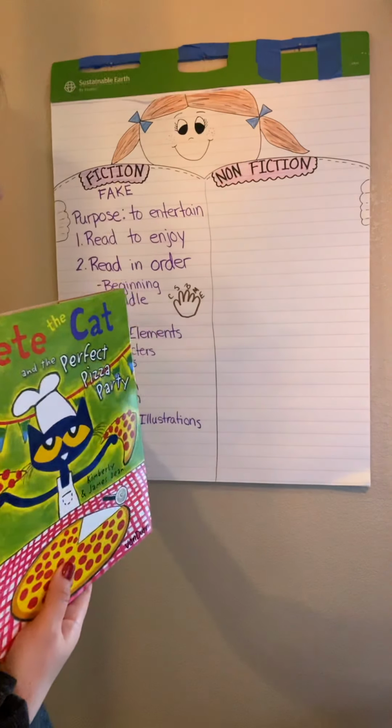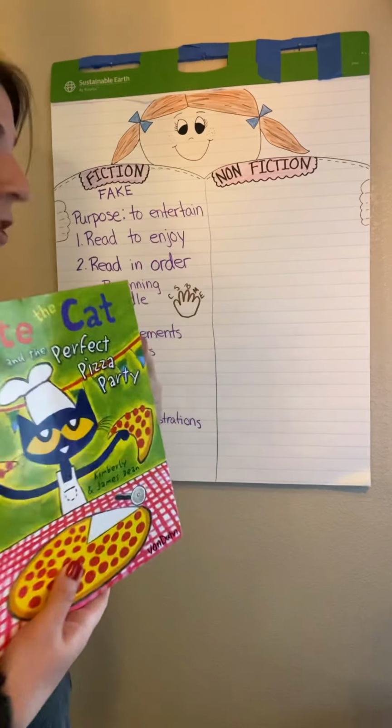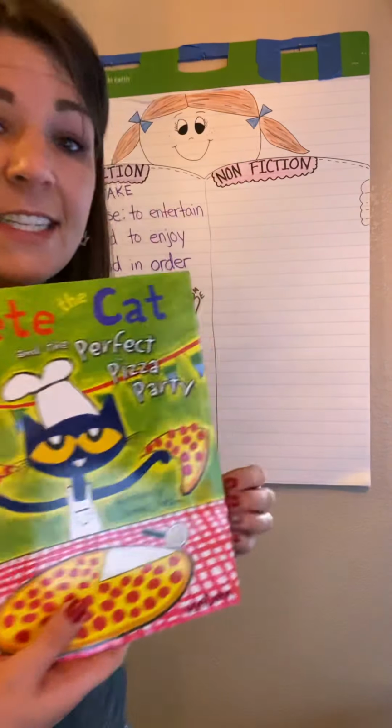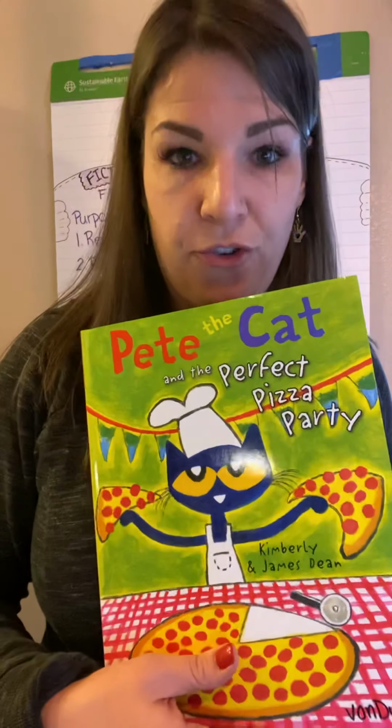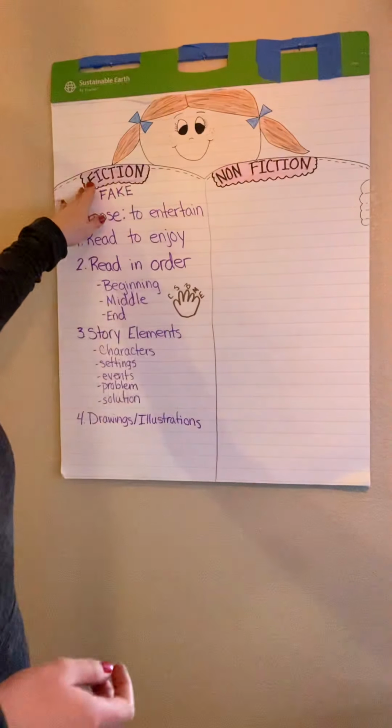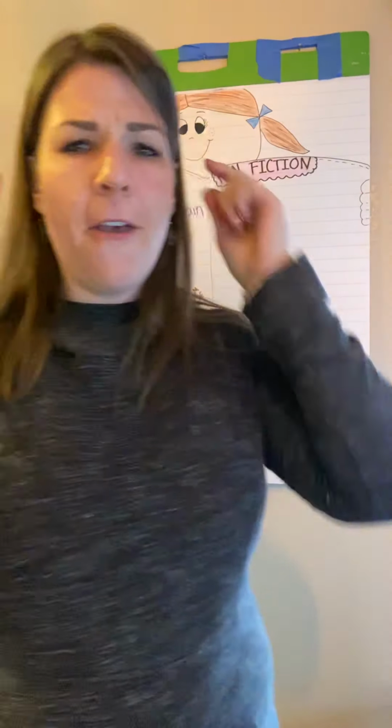There are also story elements: character, setting, events, problem, and solution. And these are all illustrations or drawings in this picture, okay? So those are the characteristics of a fiction or fake. I always remember fiction, fake. They both start with F. So those are the characteristics of a fiction book.